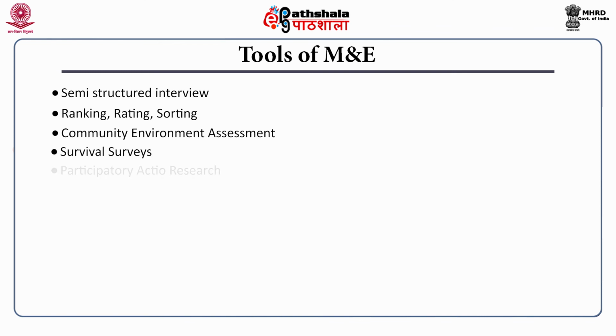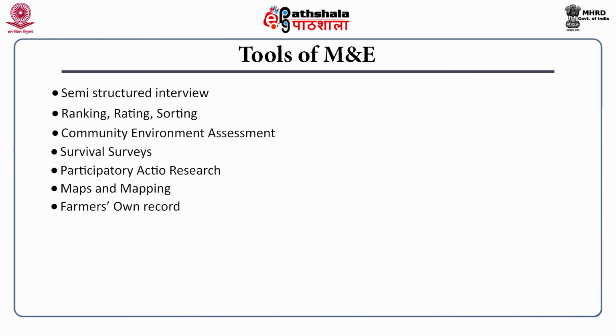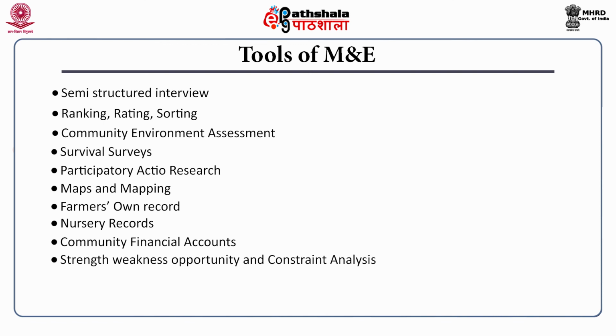Number 13, participatory action research. Number 14, maps and mapping. 15, farmers record. 16, nursery record. 17, community financial accounts. Number 18, strength, weakness, opportunity and constraint analysis, that is SWOT analysis.